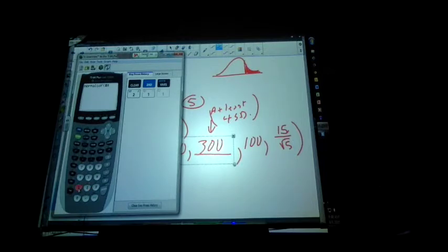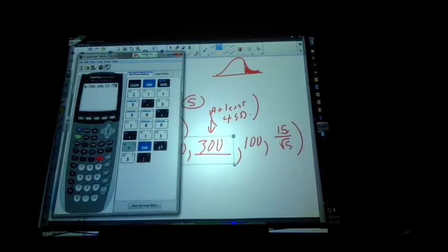So I'm going to do 110, comma 300, comma 100. That's my mean. Over. Then I'm going to go 15 divided by the square root of 5. Close it.